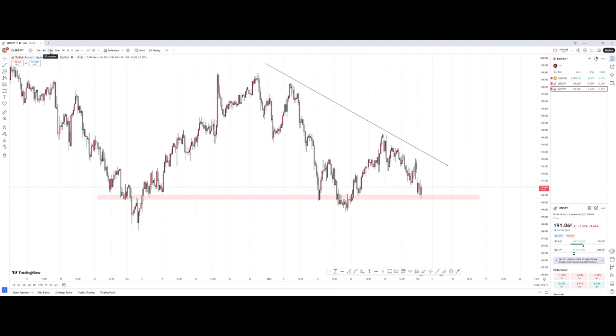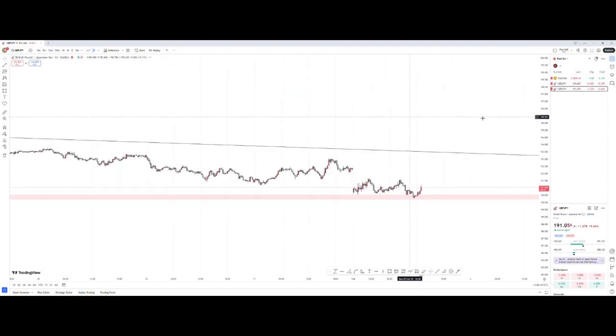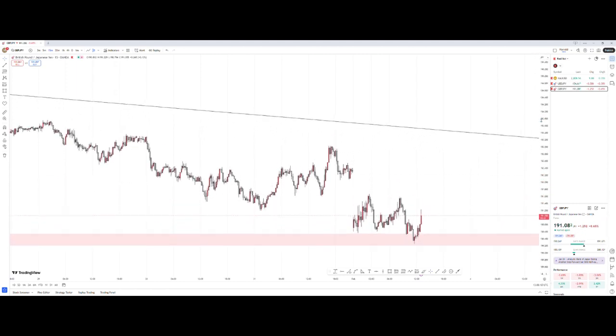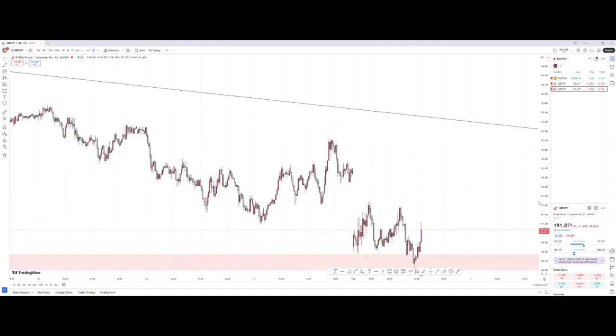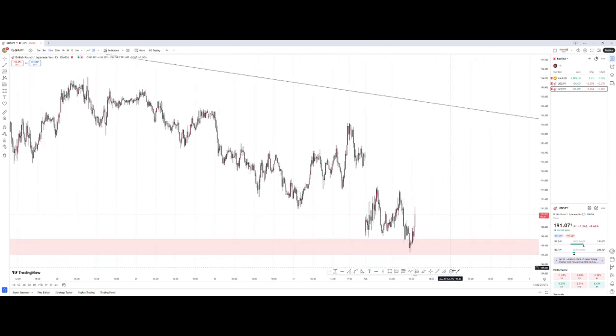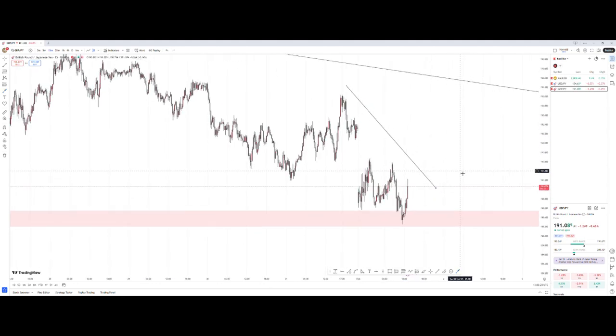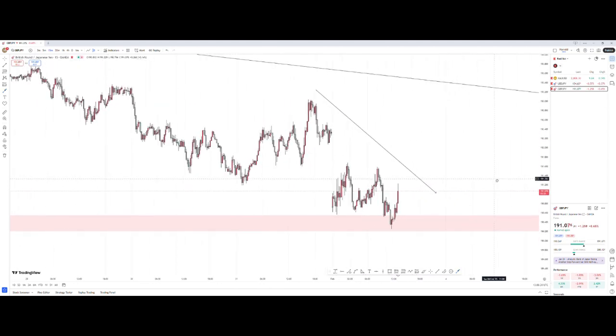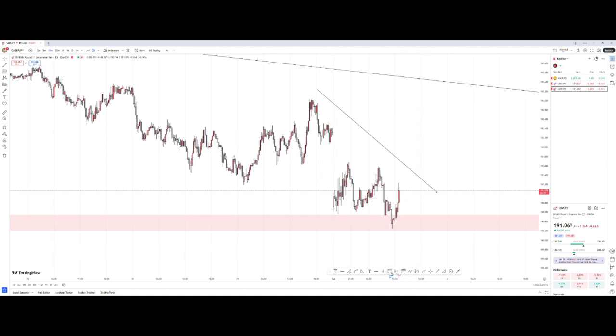So I'm going to go into the 15 minutes time frame, then I'm going to find my entry. In the 15 minutes time frame, the market is in the same direction, bearish. And in the 15 minutes time frame as well, I'm finding my reactive zone.